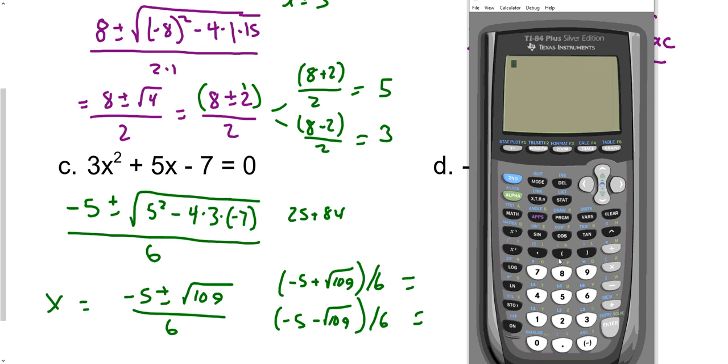So on my calculator, parentheses -5 plus square root 109, oops, square root 109.